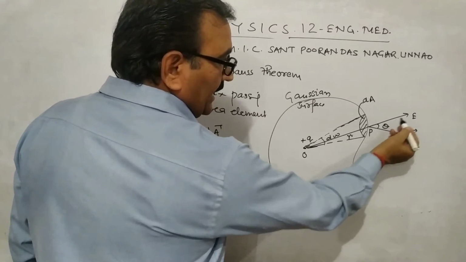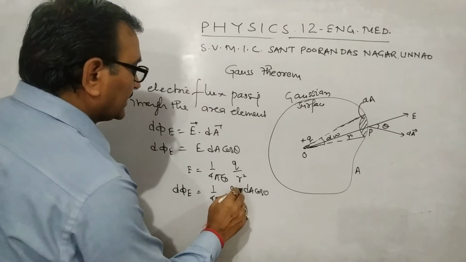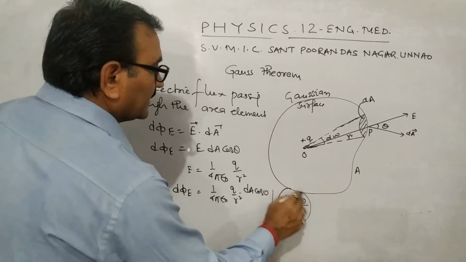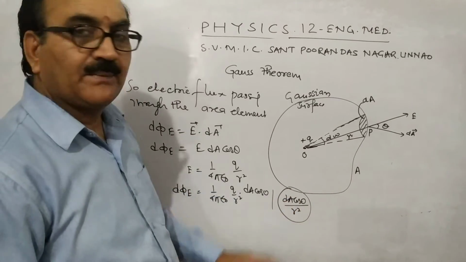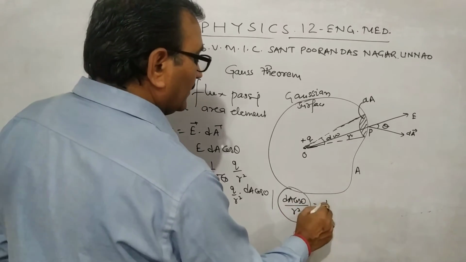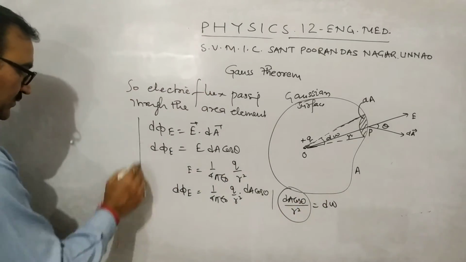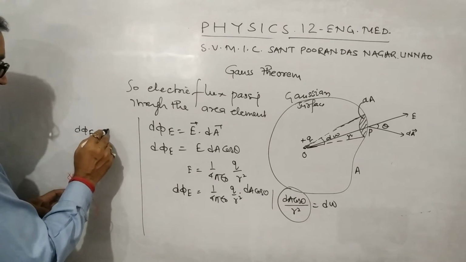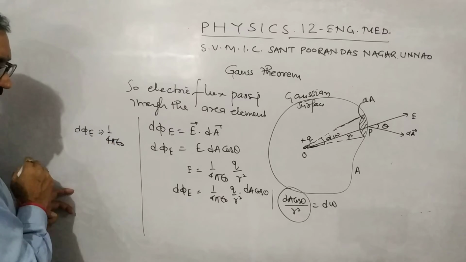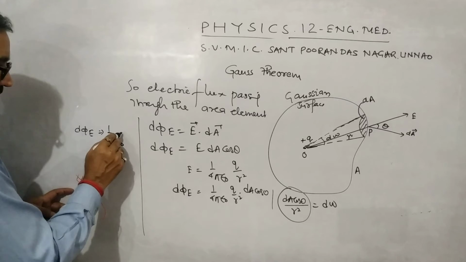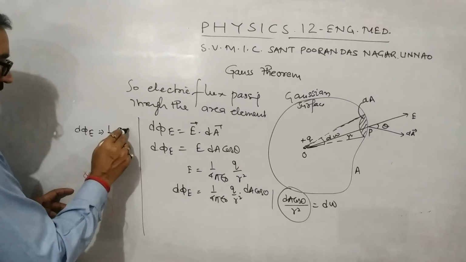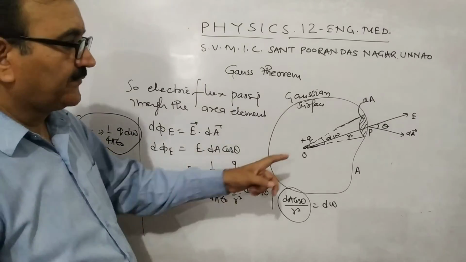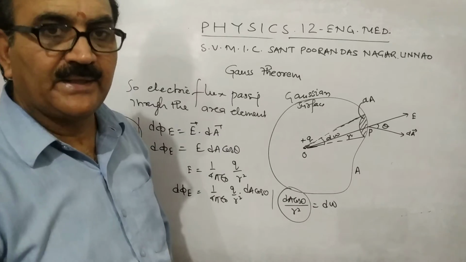So area vector and normal are not in the same direction. So dA cos theta upon r square will be equal to d omega. So you can write here, d phi E is equal to 1 upon 4 pi epsilon naught q into d omega. So this is the electric flux passing through this area element.